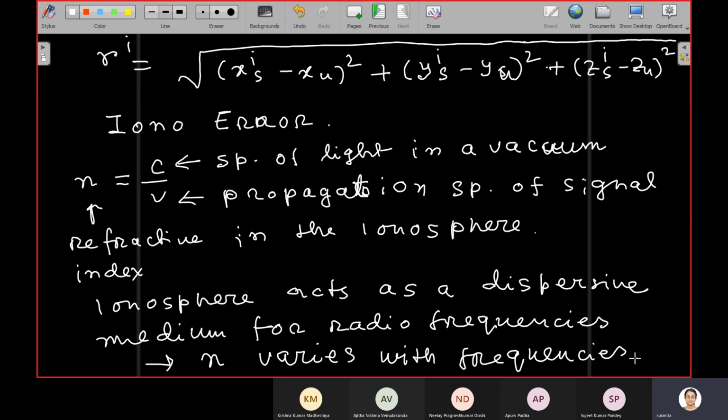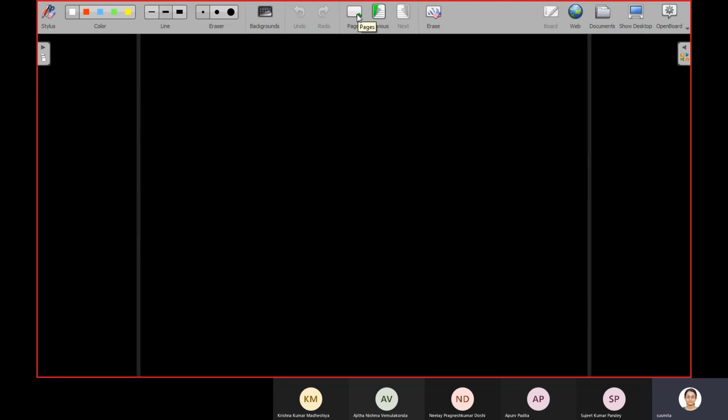Okay, it can be shown that N is given by this. We are considering the carrier now. We will find the ionospheric error for the carrier. Later we will see the effect on code quickly.